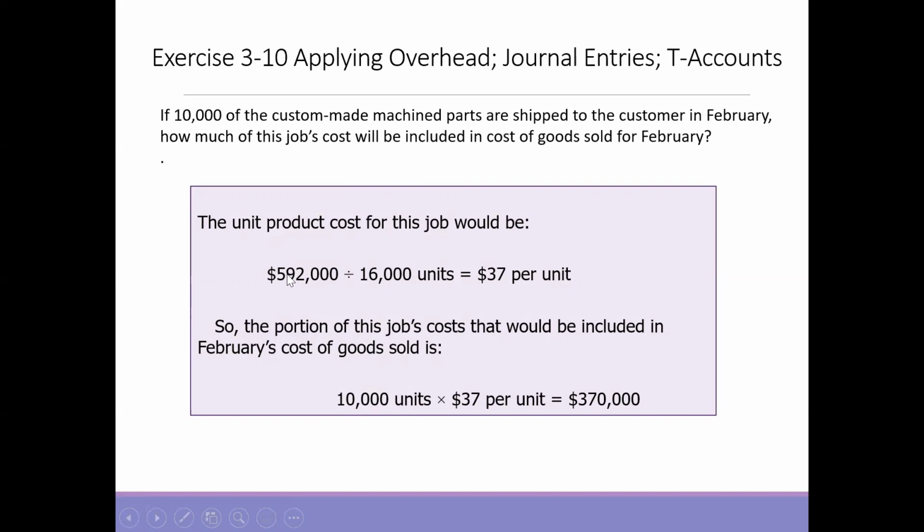If we manufactured 16,000 units, we know the cost per unit. If we only sold 10,000 units, then we know 10,000 at $37 per unit is how much will be transferred to cost of goods sold. Actually, guys, it's pretty straightforward.